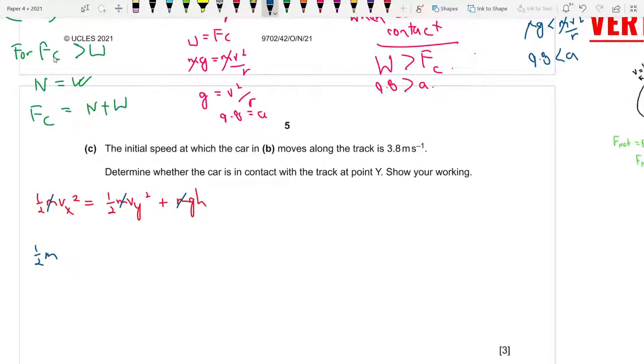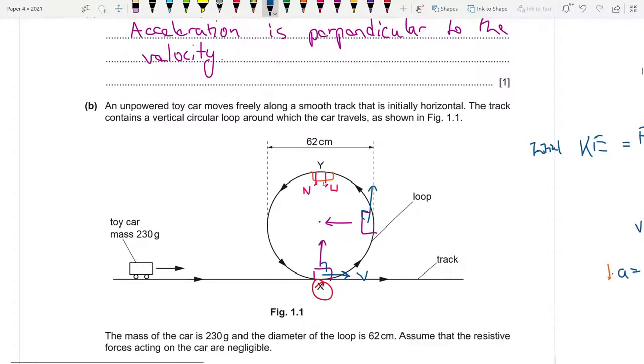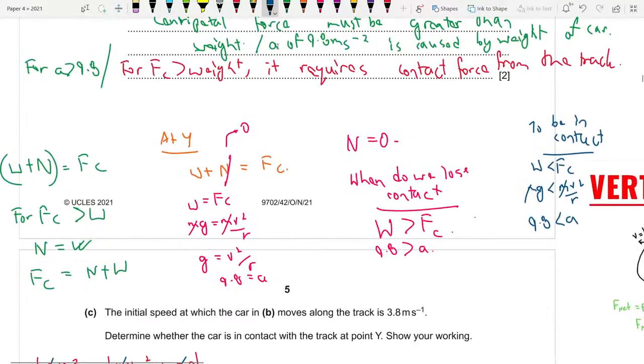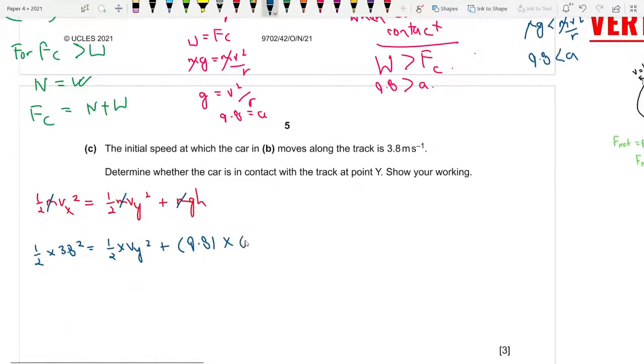So half into 3.8 squared is equal to half into Vy squared plus 9.81 into, what is the height actually? The diameter is 62, right? So the height is also 62 cm or 0.62 meters. So half Vy squared, or let's multiply everything by 2 actually. Vy squared is equal to 3.8 squared minus 9.81 into 0.62 into 2.